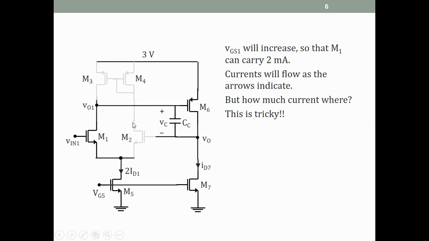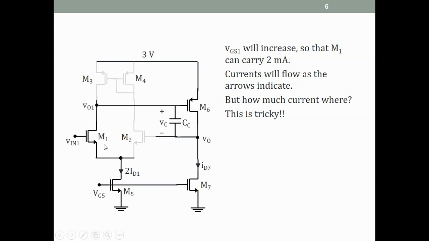So here is the circuit. M2, M3, M4 are turned off. Earlier, for t less than 0, this current was 1 milliamp, this was 2 milliamps. Now Vin1 has increased, so the source voltage of M5 has increased. So M5 will stay in saturation. Therefore, it will continue to carry 2 milliamps. So M1 will adjust its gate source voltage so that it also carries 2 milliamps.